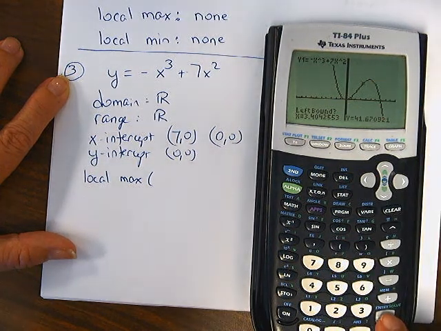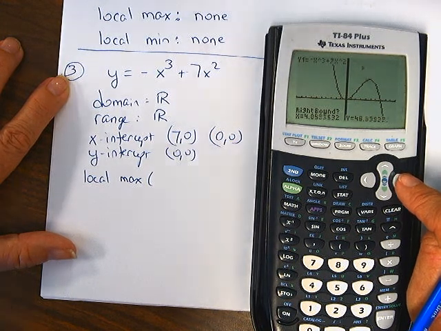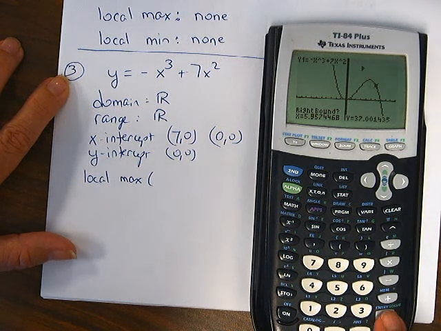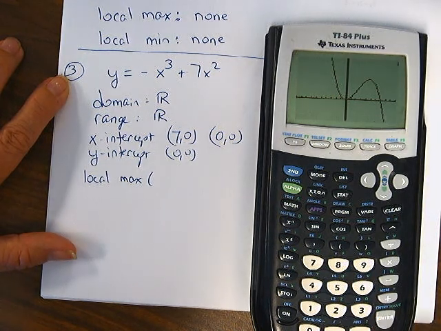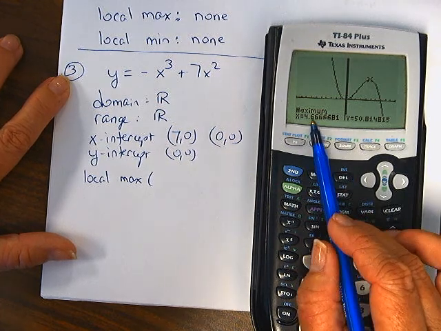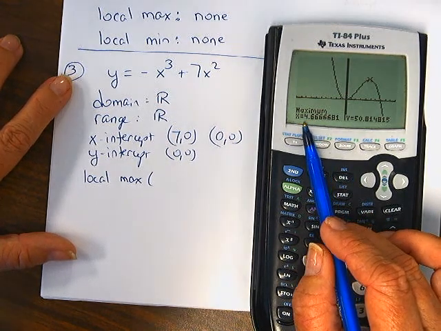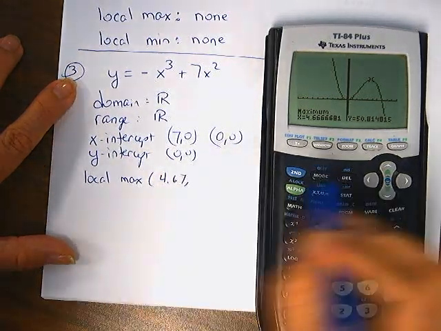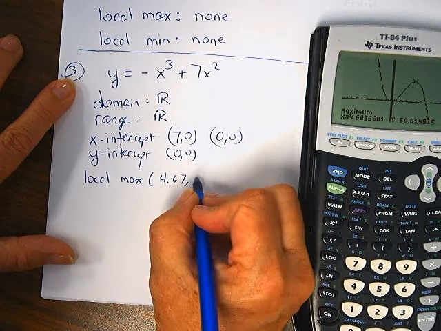Press enter. Move to the right side now of the maximum, and press enter, and then enter again. And it will come back with a value for us. And we're going to have to round this one, it looks like. So this is going to round to 4.67. The y value of 50.81.